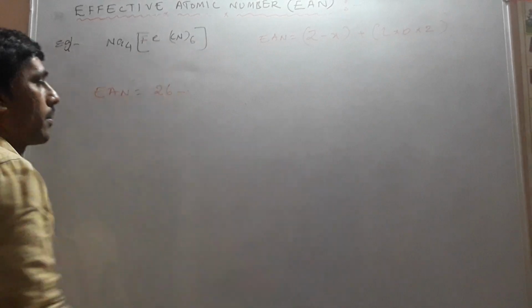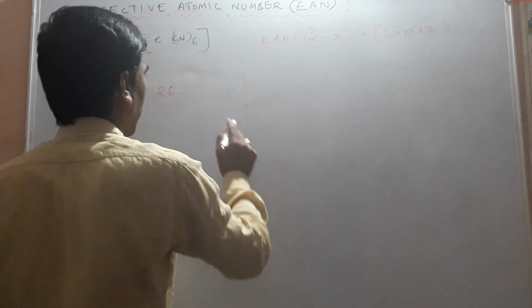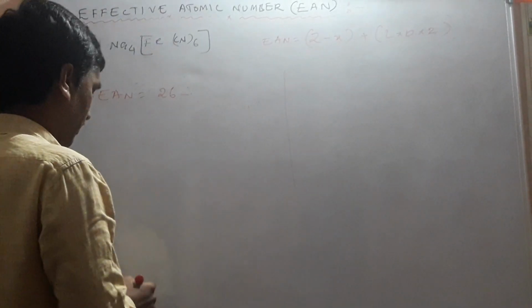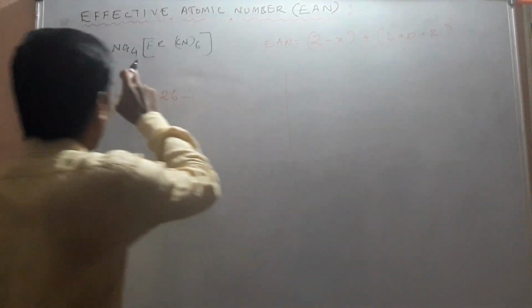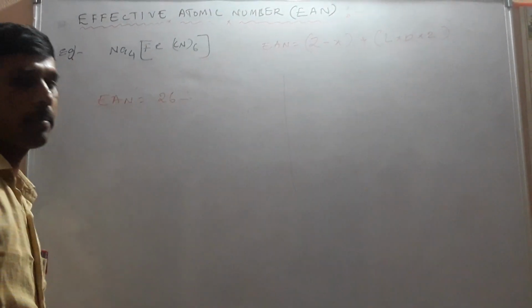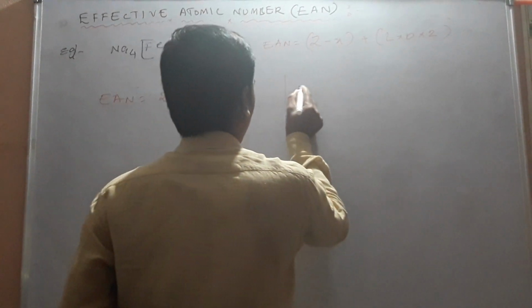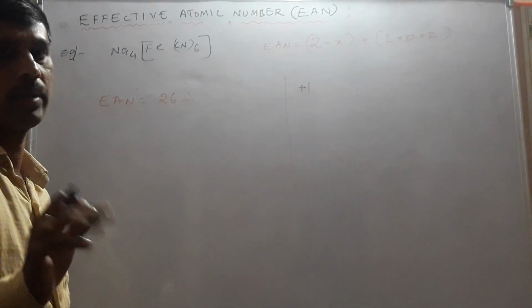The oxidation number of this iron atom we can find out. In this complex the sodium metal atom is positive in nature, that's why we are using +1. How many sodium atoms are there? 4 sodium atoms are there.